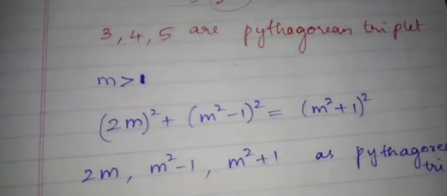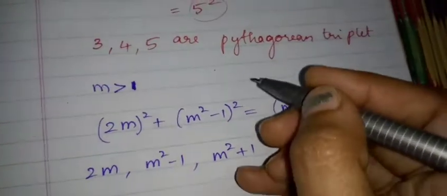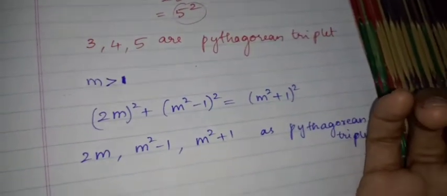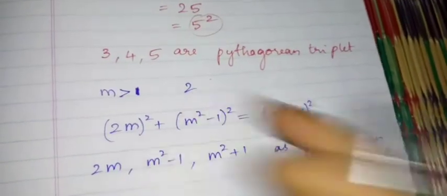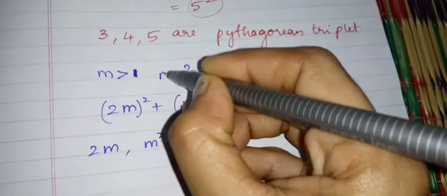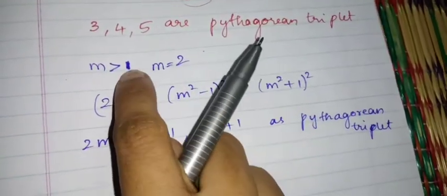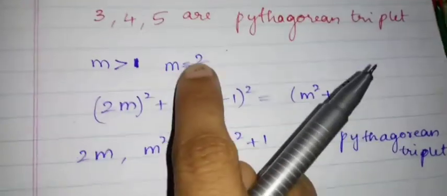See, I am taking a natural number m, any natural number. Let us take one natural number as 2, children. If you substitute m as 2, actually 2 is greater than 1, correct? So I am going to take m as 2.